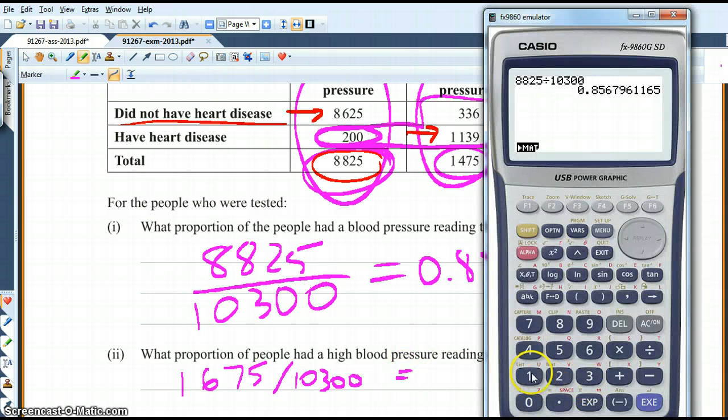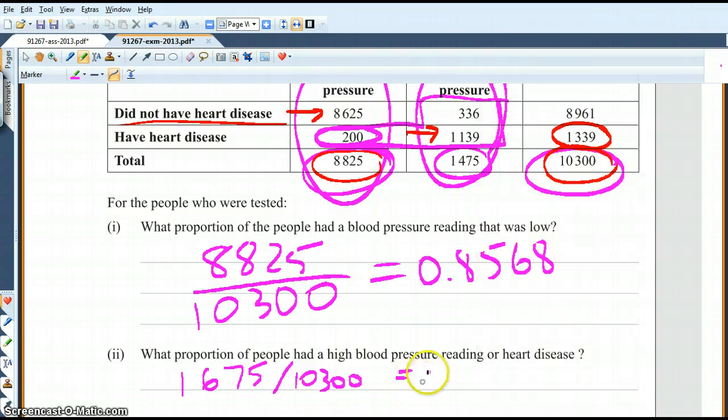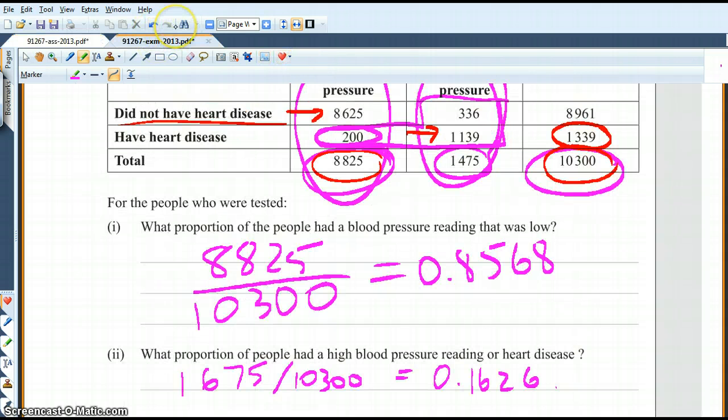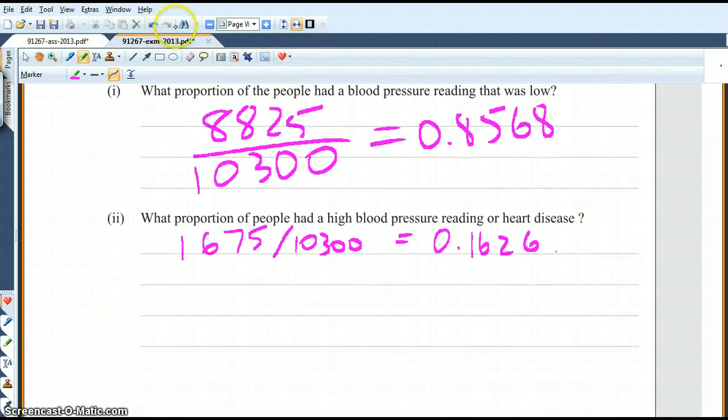So 1,675 over 10,300. So we've got 0.1626. Okay. Nice. Moving on.